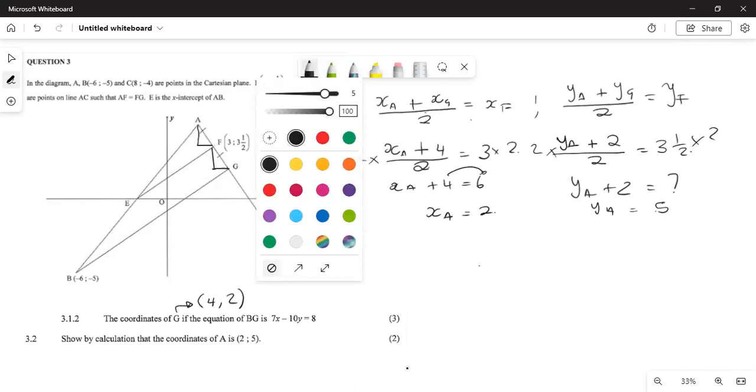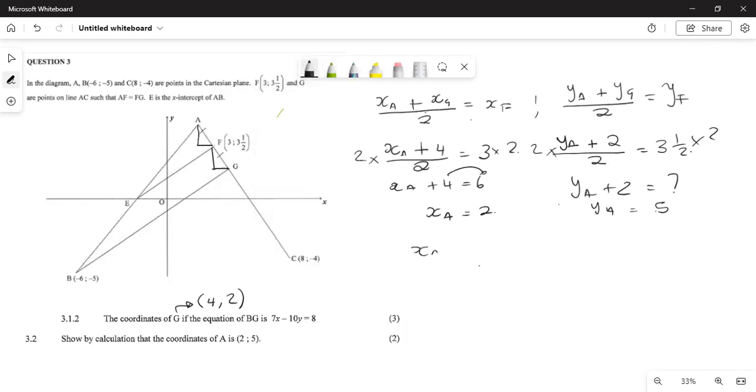So that means XA, it's decreasing, will be 3 minus the change that took place from this point to that point in terms of the x value.